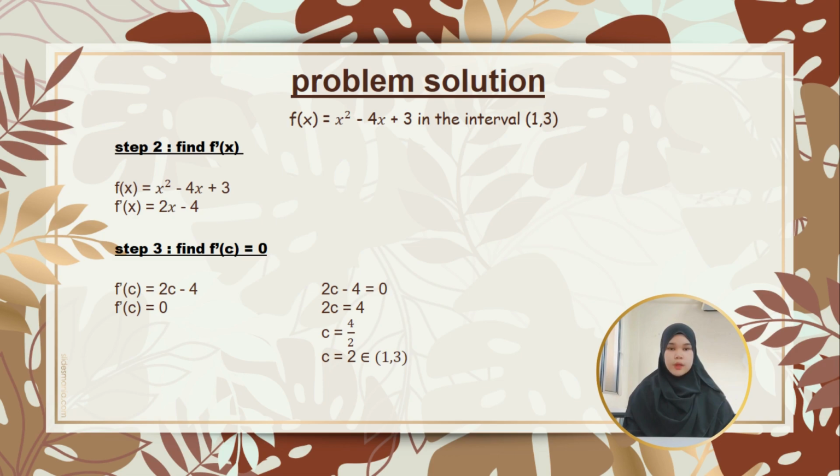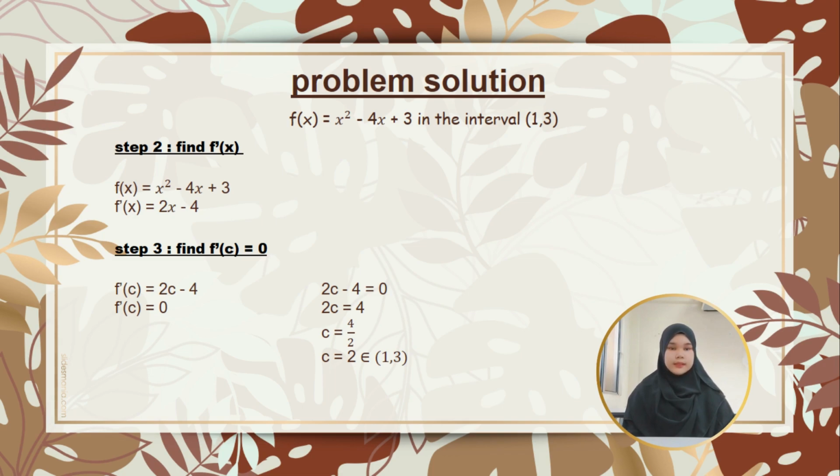Next, we make one more equation, which is f'(c) equals 0. We simplify the equation and we get 2c minus 4 equals 0. Then, we solve the equation to get the value of c. So, for the final answer, we get c equal to 2, which is within the interval 1, 3. The answer is correct because the value of c is between the interval 1, 3.